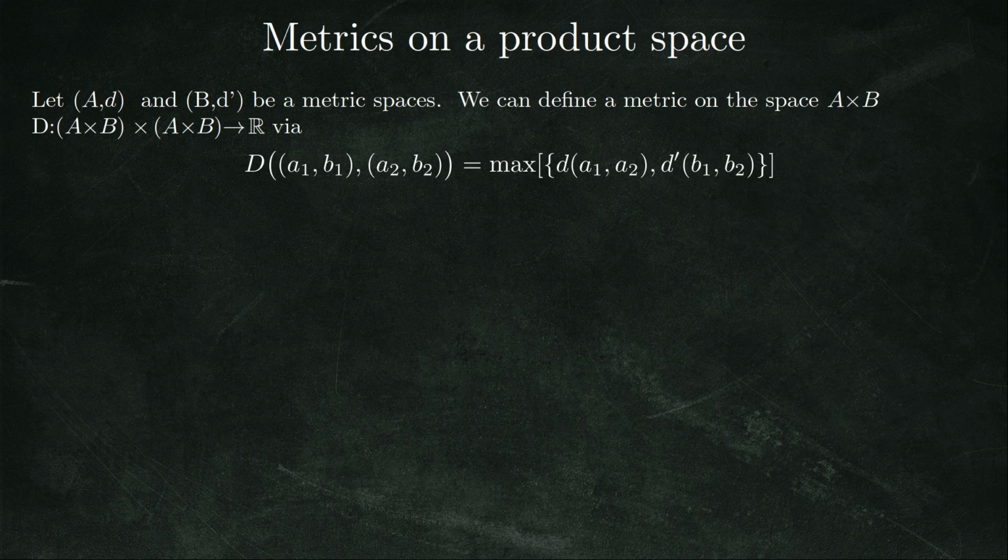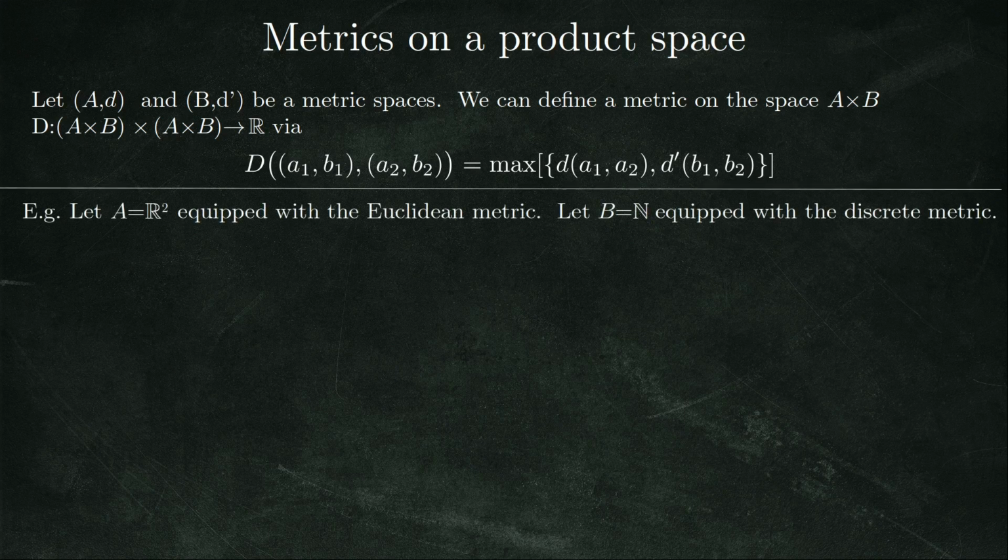Okay, that's maybe a little bit confusing, but I've got some examples. So let A equal R squared, equipped with the Euclidean metric, and let B equal N, equipped with the discrete or trivial metric. I'll go through the first one and you can go through the second one.